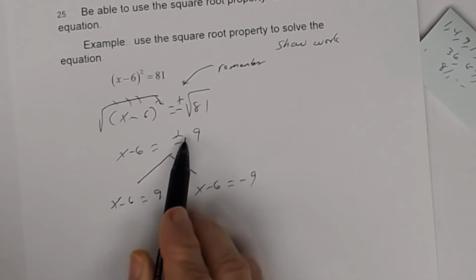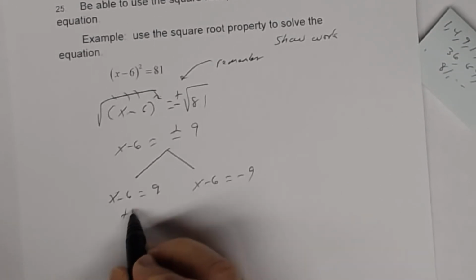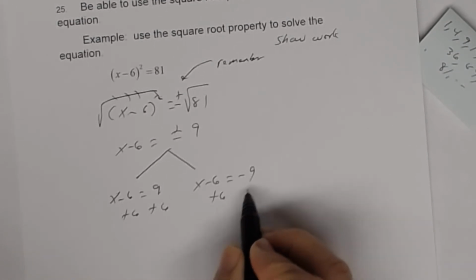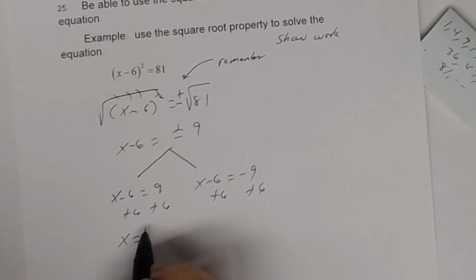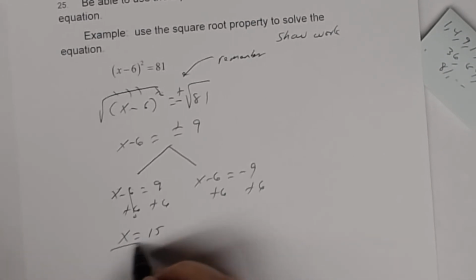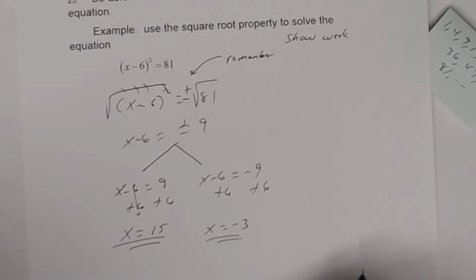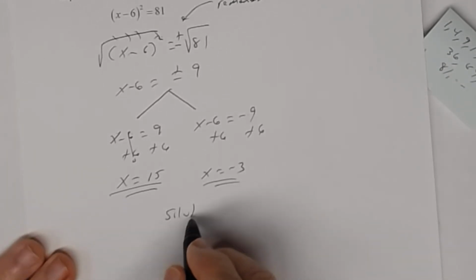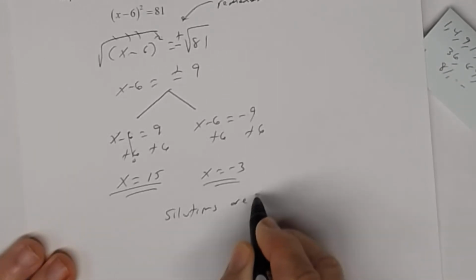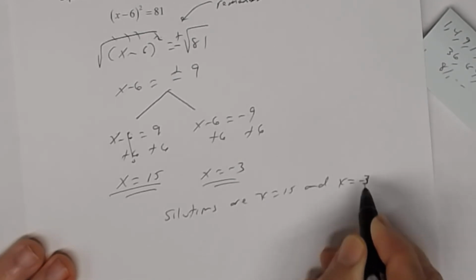Then solving each of those linear equations, adding 6 to both sides in both cases: 9 and 6 is 15, and negative 9 and 6 is negative 3. So those are your solutions, 15 and negative 3. So your solutions are x equals 15 and x equals negative 3.